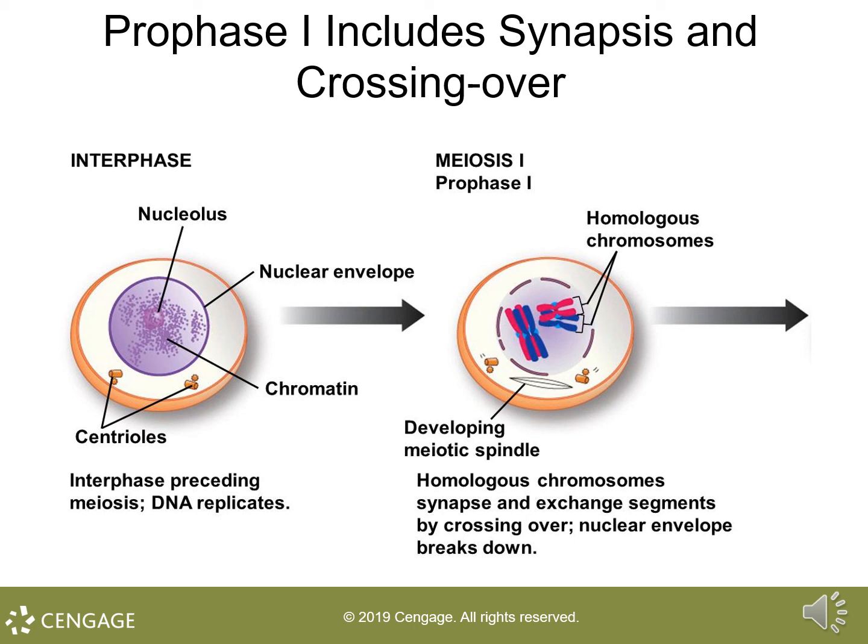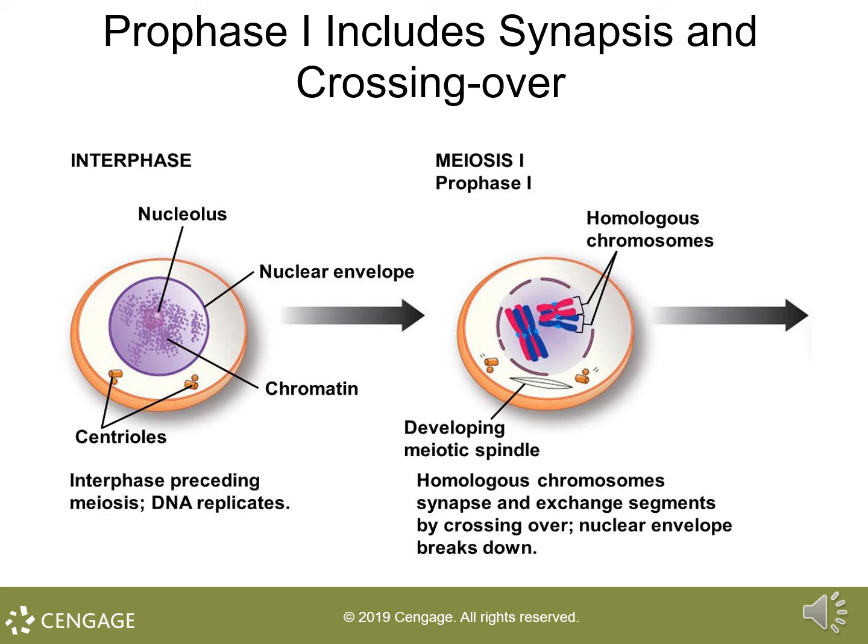Our homologous chromosomes, so remember chromosome 1 from your mom and from your dad, align side by side, which results in the association of 4 chromatids. And so we have our homologous chromosomes pair up so that now we've got 2 pairs of sister chromatids, because remember the sister chromatids are identical, and your maternal and your paternal chromosomes for chromosome 1 are not identical.